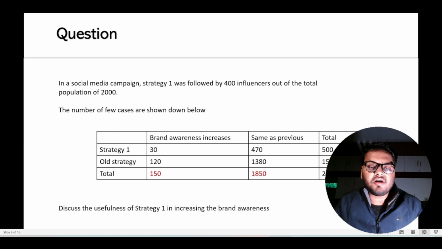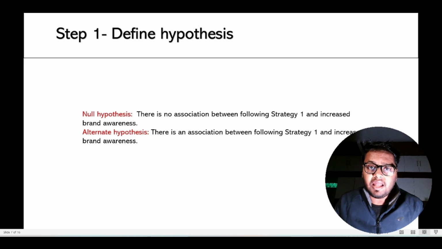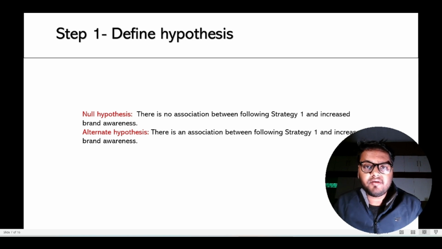We want the effectiveness of strategy 1 or old strategy in increasing the brand awareness. So in order to solve this question, first of all, I am going to make our null and alternate hypothesis. So null hypothesis will be there is no association between strategy 1 and increased brand awareness, and here the alternate hypothesis will be there is an association between strategy 1 and increased brand awareness.